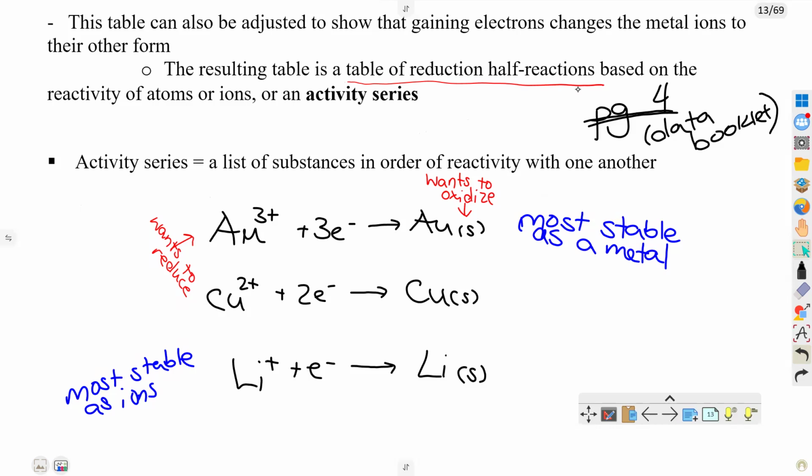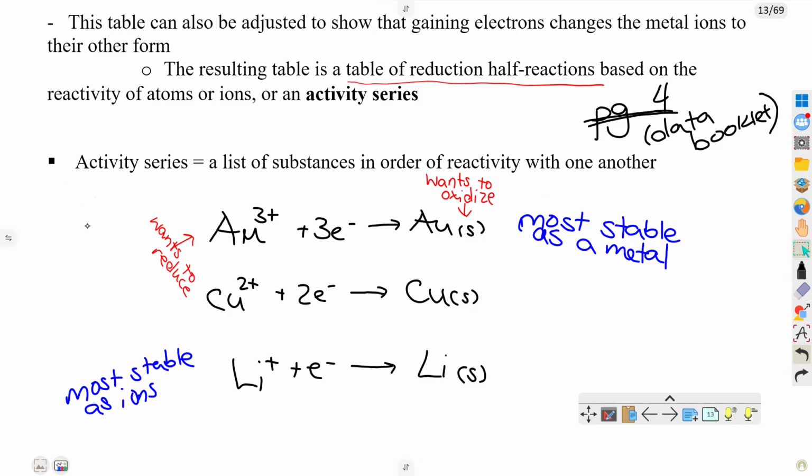And so you'll see gold 3 ion gaining 3 electrons to become gold metal is right there at the top. Copper 2 ion gaining electrons to become copper metal, it's just a few rows down. Way at the bottom is lithium ion gaining an electron to make lithium metal.